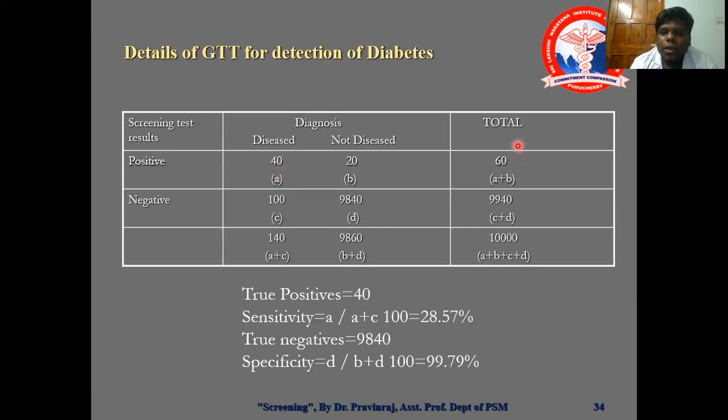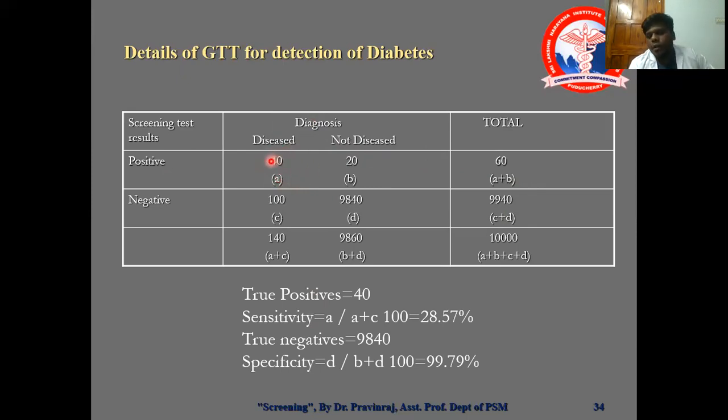See, here we have 60. This is the total positive cases that we found from our screening test, but actually only 40 have the actual disease. So among your screened positives, how many people actually have the disease?